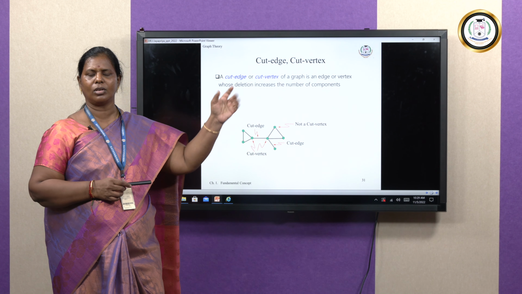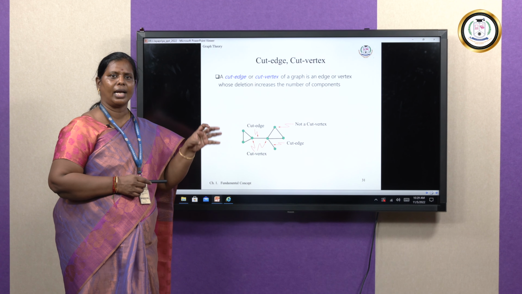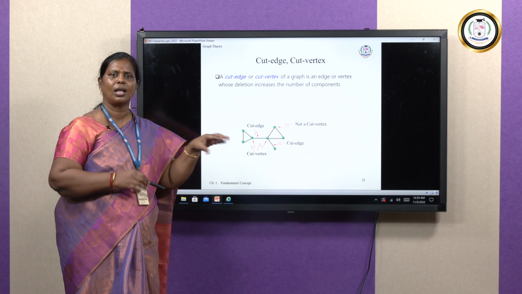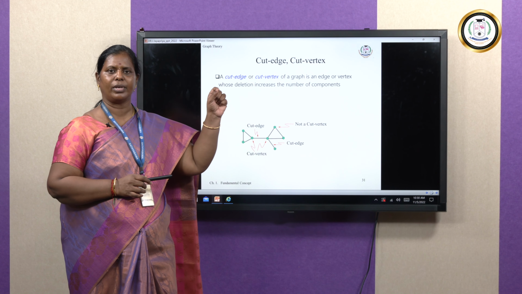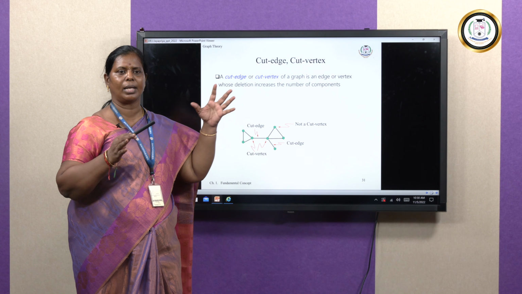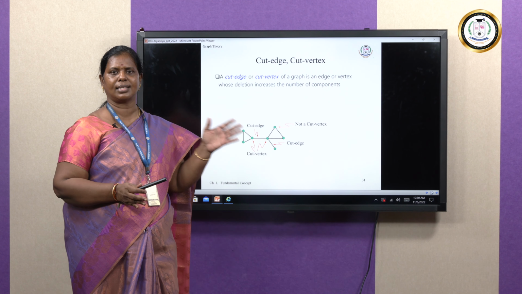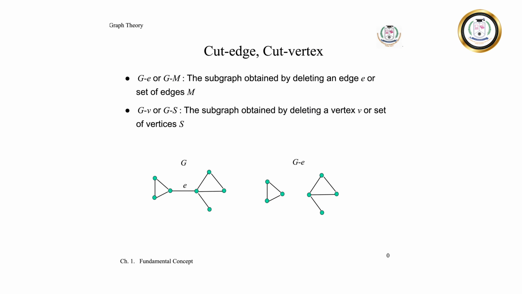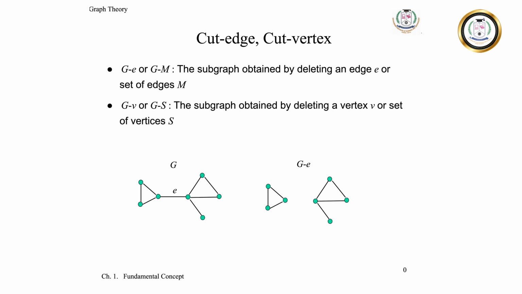Similarly, the same thing holds for vertices. Whenever you remove a vertex, the edges along with it will also be removed. So, if by removing a vertex you get more components, then we call that particular vertex a cut vertex. So, here is an example where if you remove this edge E, we get 2 components. So, we call this E a cut edge.